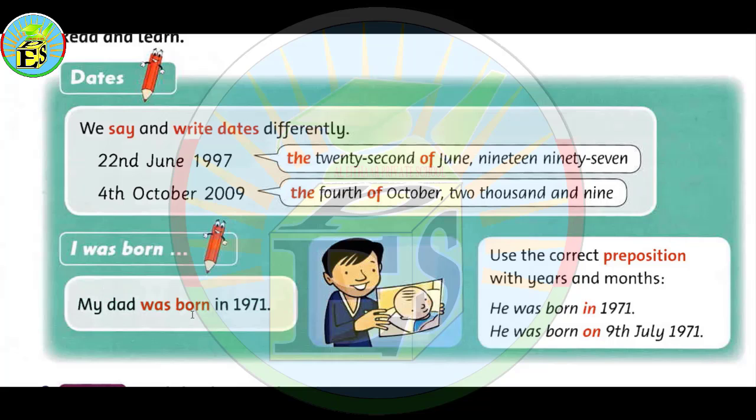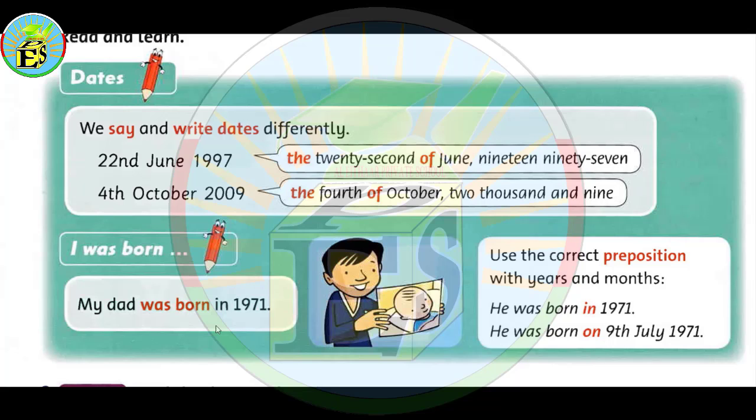My dad was born in 1971. So we only mention the year. We only have the year here. We don't have the day, we don't have the month. So the preposition that we're going to use is in. My dad was born in 1971. I was born, for example, in 2002.